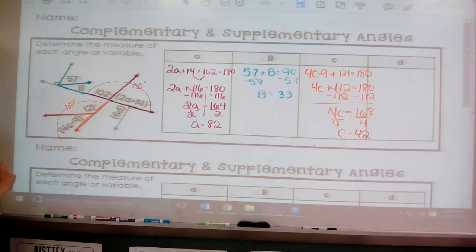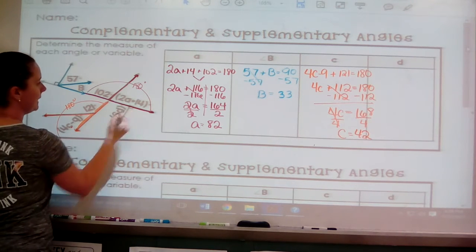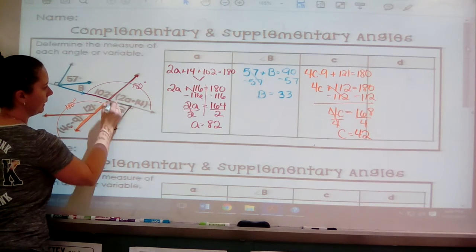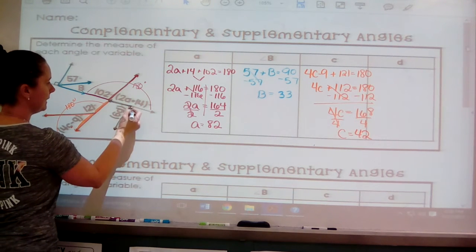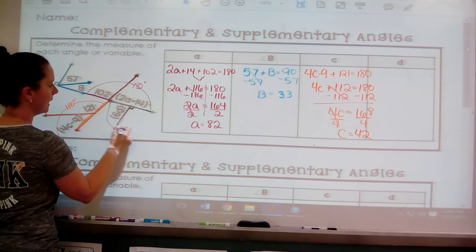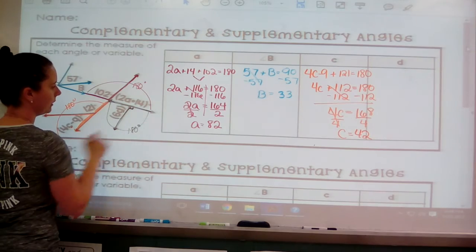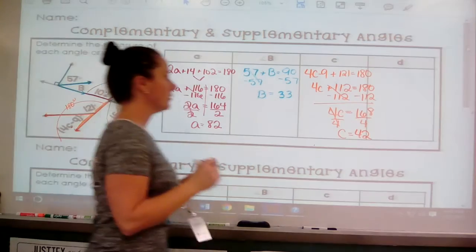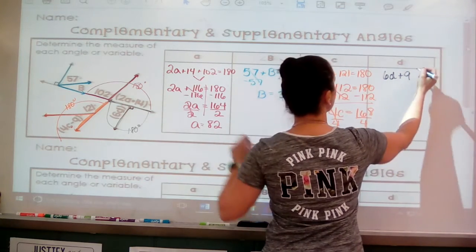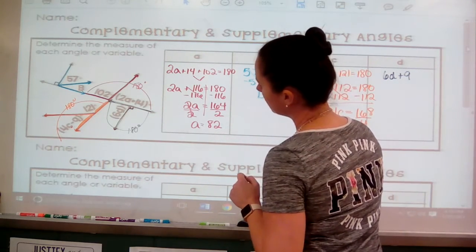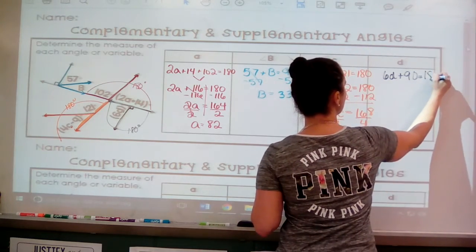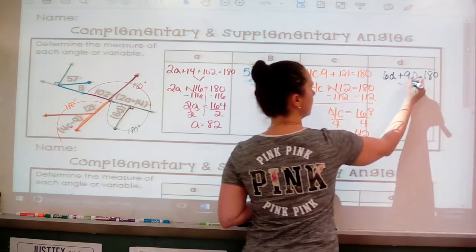Finally, we have D. So my D is here. I'm going to trace my angle D, and I see that this angle here, that is a right angle, is sitting on this straight line. So from here to here is 180 degrees. So I know that 6D plus the 90-degree right angle is equal to 180 degrees.